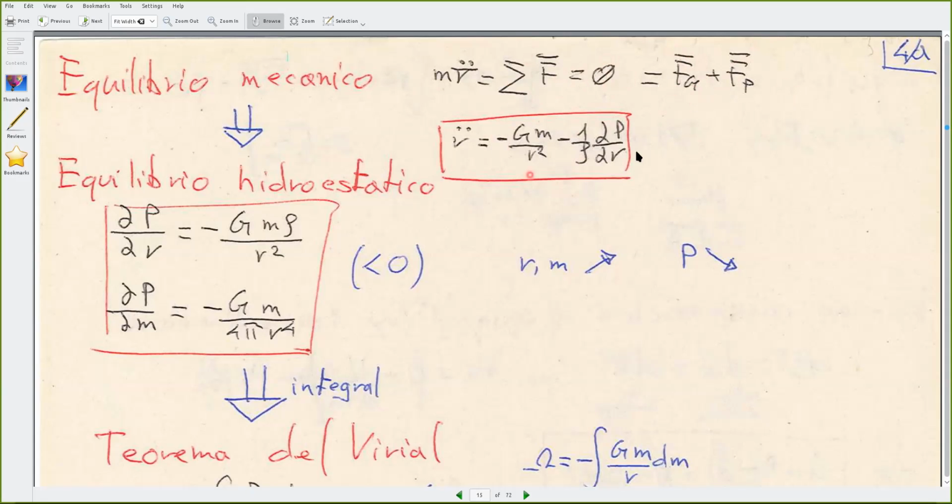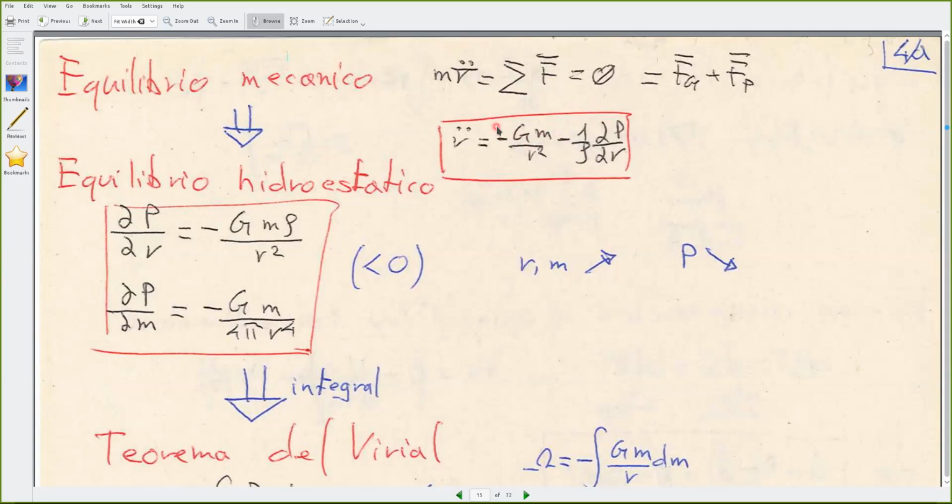From the equation of motion, we get the acceleration. Since we have spherical symmetry, essentially all the movement is radial, so we don't have the component with the angle, so we can drop the vector and just solve for the modulus. The acceleration is equal to the force of the gravitational effect and the pressure effect.